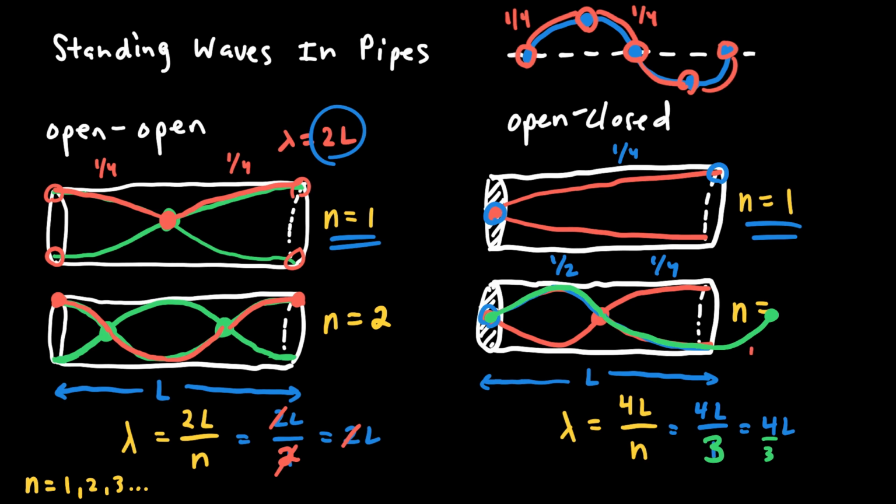And that extra amount that had to be extended was 1/4. Therefore, the wavelength is 4/3 of L. And so if that's the case, then the harmonic number was 3. And one of the things that we learned about open-closed pipes is that we can only produce the odd harmonics: 1, 3, 5, 7, and so on.